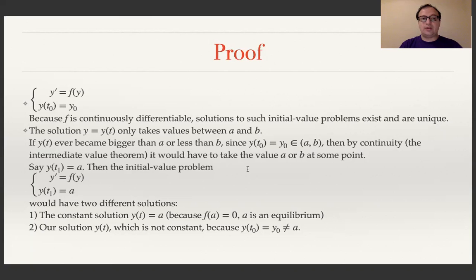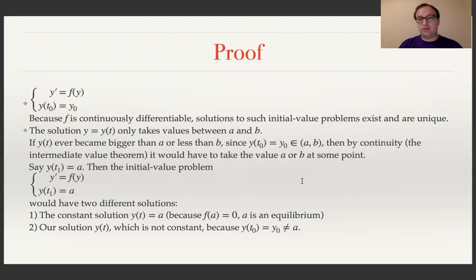So if it starts above A and then eventually gets below A, by continuity, it has to go through the value A. And if it starts below B and ends up above B, then again by continuity, somewhere in between, it has to take the value B. Now we want to prove that neither of these things can happen.